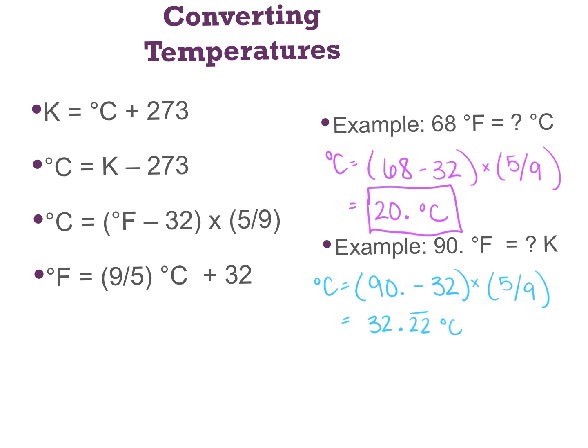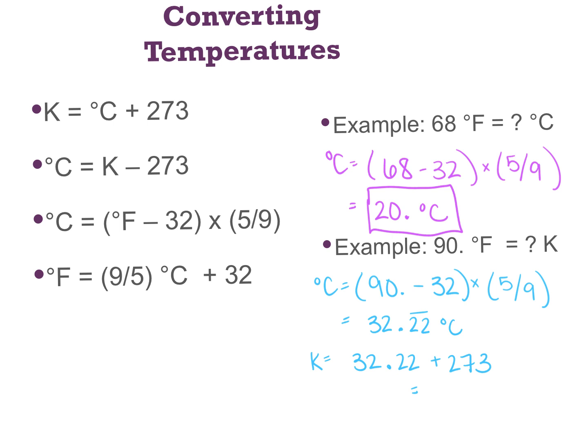In your calculator, you have the copy and paste button, so you can do the 32.22222. Do that, okay? You really only want to round at the very end. Okay. So then now if you look at your equations, how do you get from Celsius to Kelvin? Okay, so you're going to do plus the 273.